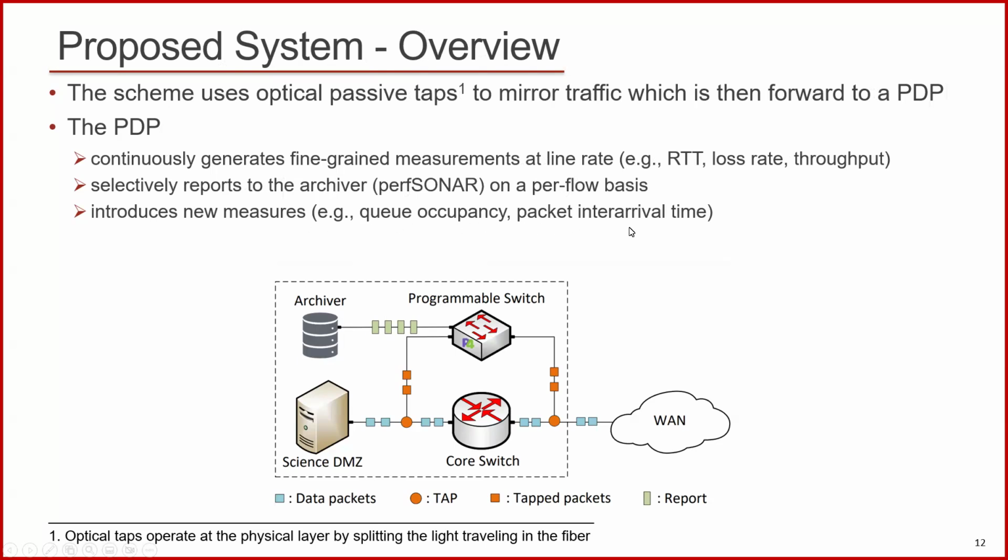These new measurements are introduced to perfSONAR. perfSONAR does not support the Q occupancy, or at least a fine-grained Q occupancy. The programmable switch can monitor on a per packet basis the Q occupancy of the switch. So we will not be reporting it on a per packet basis, but we are monitoring it on a per packet basis, and we are also having per flow packet inter-arrival time monitored.